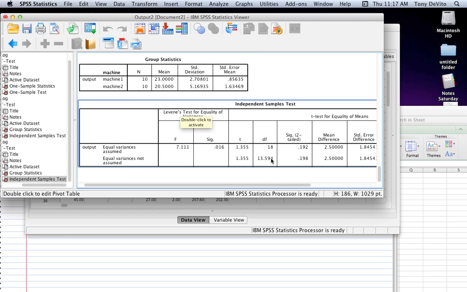So if I look at this, I say to myself, okay, that's what the t-score is. This is degrees of freedom. What did SPSS calculate as the probability that I can reject the null hypothesis and not be wrong? Well, 19.8%, right? 19.8% chance of being wrong if we say that these two means are different.